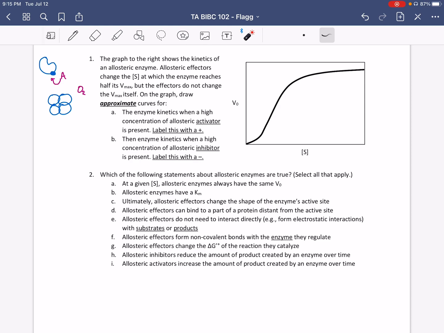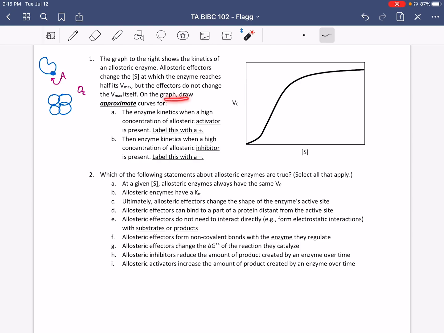So we will move on by saying that enzymes that behave allosterically do not have a Km, whereas enzymes or proteins that bind to their ligands and follow Michaelis-Menten kinetics will have a Km. Okay, now that that's settled, let's move on.